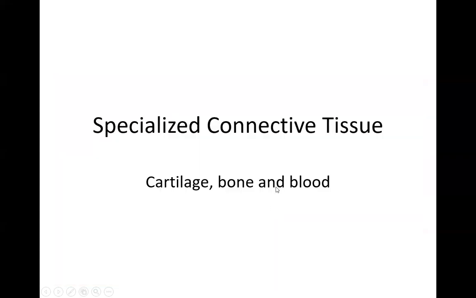Now we have finished with the connective tissue proper. Let's move into the specialized connective tissue. In specialized connective tissue, you have cartilage, bone, and blood. So this is not generalized tissue proper. This is specialized tissue. The specialized tissue includes your cartilage that is making your ligaments and your tendons, connecting bone to bone and connecting bone to muscle.